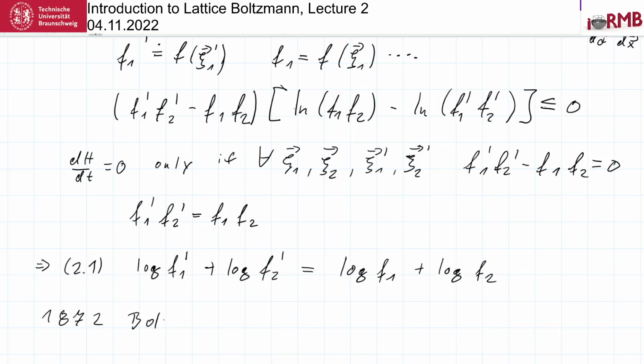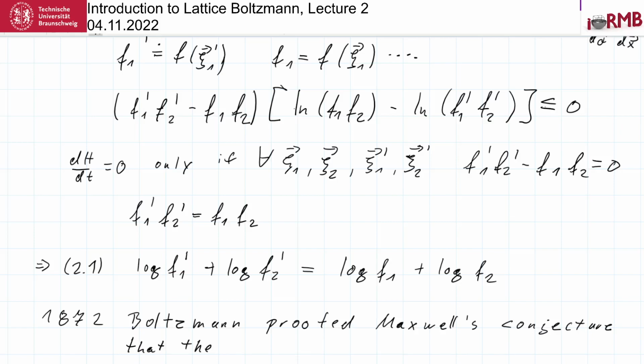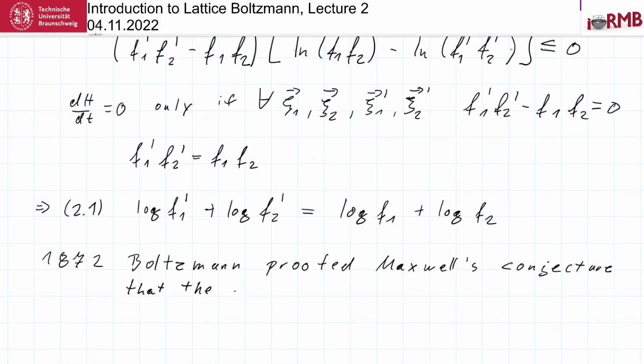We look only at a very rough sketch now, or more or less only give the results. So Boltzmann proved Maxwell's conjecture that the equilibrium looks like this.